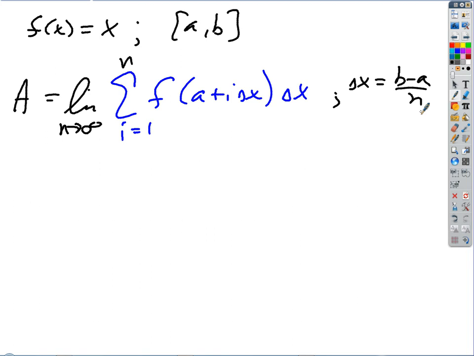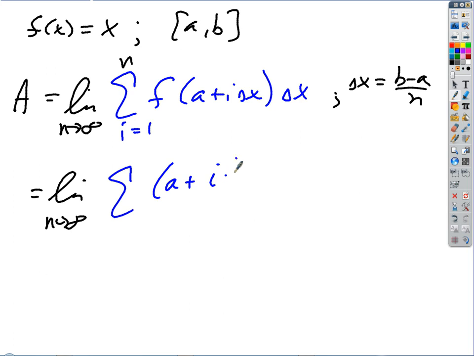So we can write this as the limit of the sum of the quantity a plus i times b minus a over n, times delta x, as i goes from 1 to n.